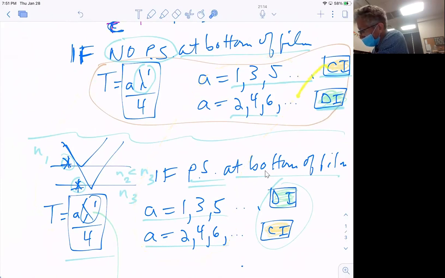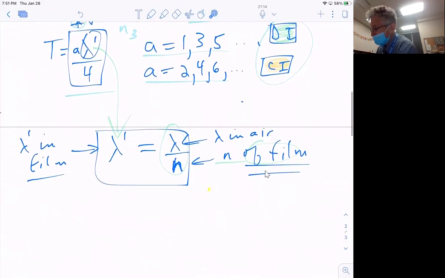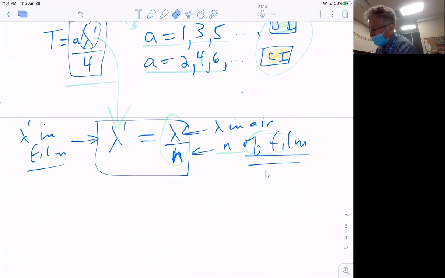But these flip. Whether it's constructive or destructive interference flips around. That phase shift really matters. So you can use that to solve these problems.